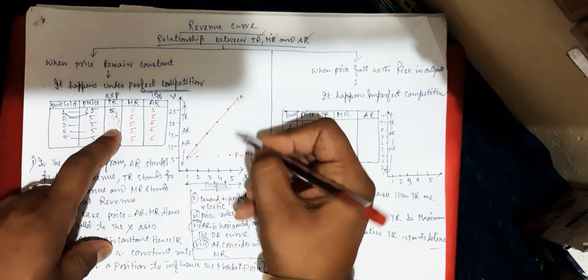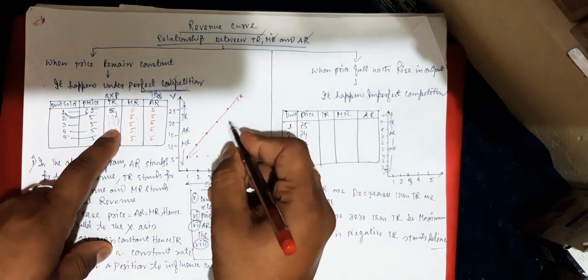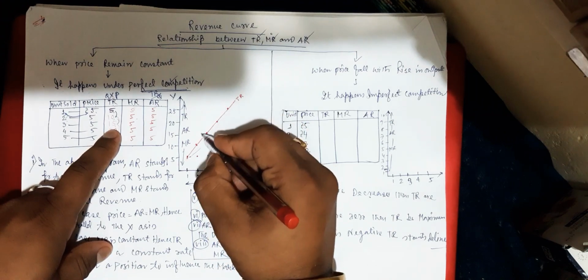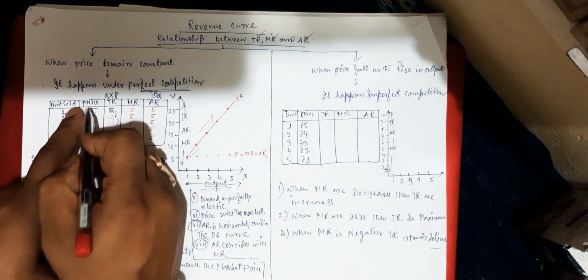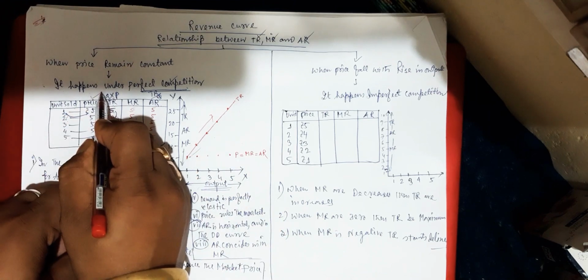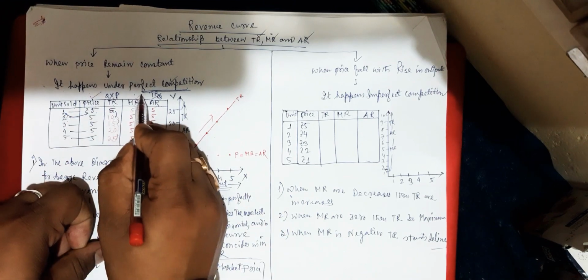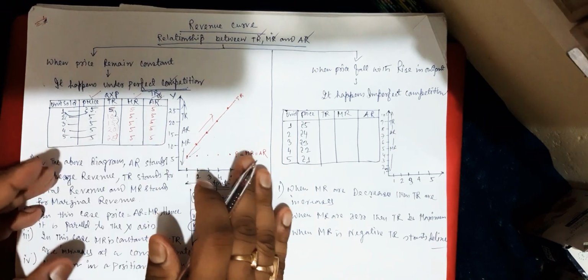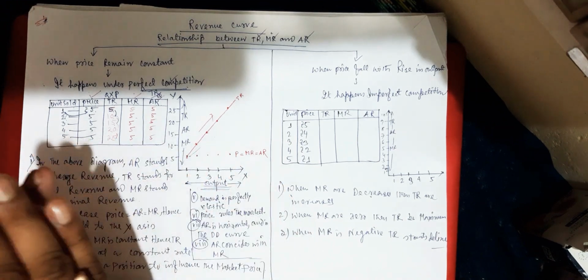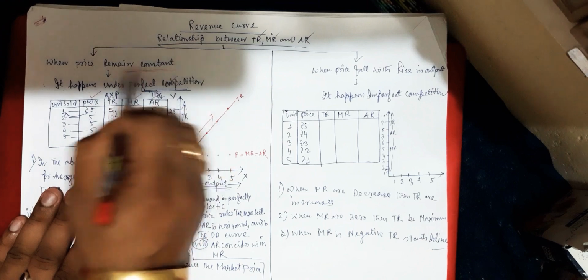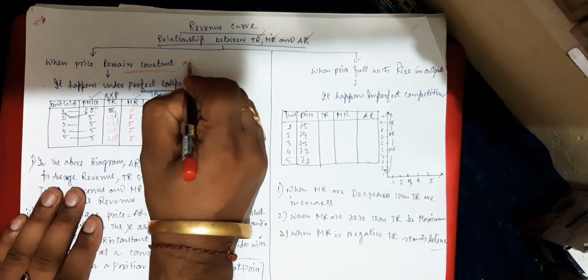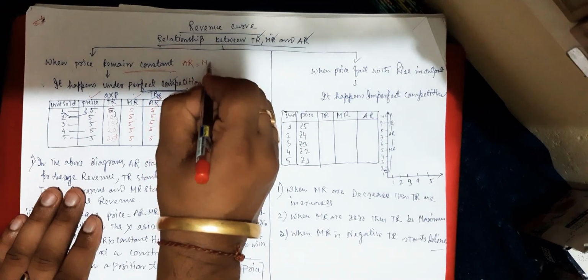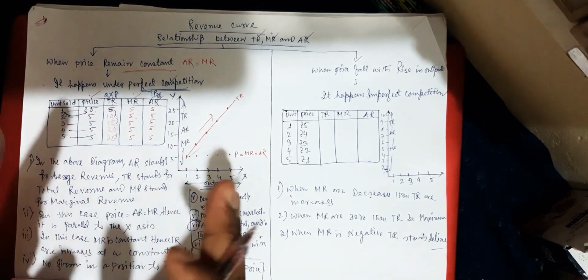So understand: here the TR is rising. But as we know, in this table the price, MR and AR are the same, there is no change, they are constant. That's why it is written, when the price is constant, AR is also constant and MR is also constant. Constant means fixed.